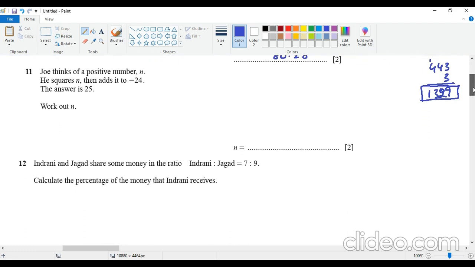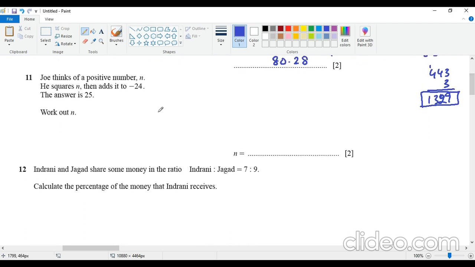Now question number 11, it says Joe thinks of a positive number. Remember, in roots and square roots we have positive and negative numbers. So he's thinking of a positive number. He squares n and then adds negative 24 to make it 25.